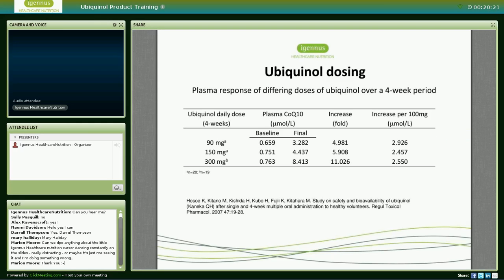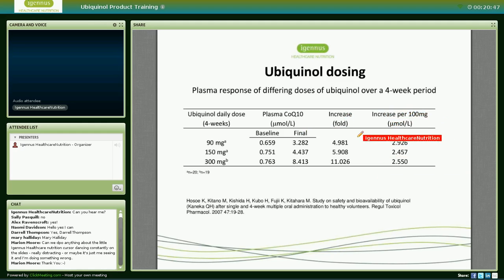It was a 4-week study, with n equals 20 for the top 2, and there were 19 in the 300 milligram group. After 4 weeks, we have our baseline and our final levels. We have our increase in fold, and we have our increase as defined by 100 milligrams.